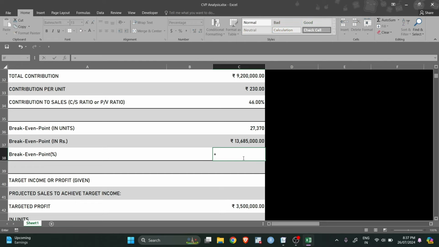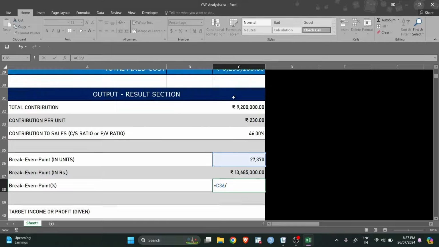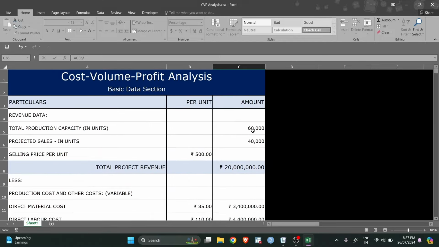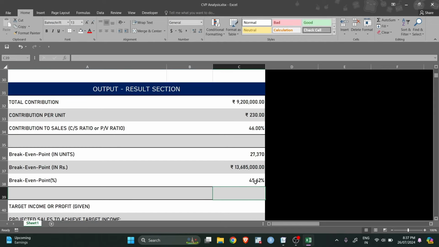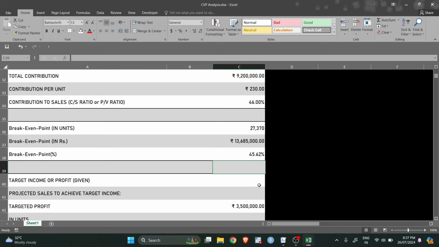This is nothing but break even unit divided by my total capacity. My total capacity is 60,000. So basically if I utilize 45.62 percentage of my capacity, then I will be able to generate break even profit.